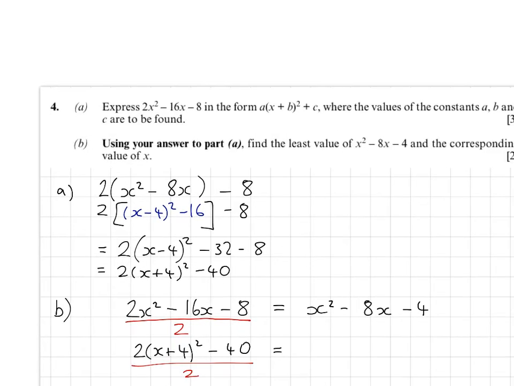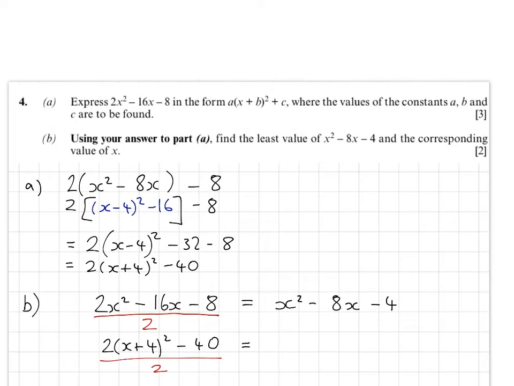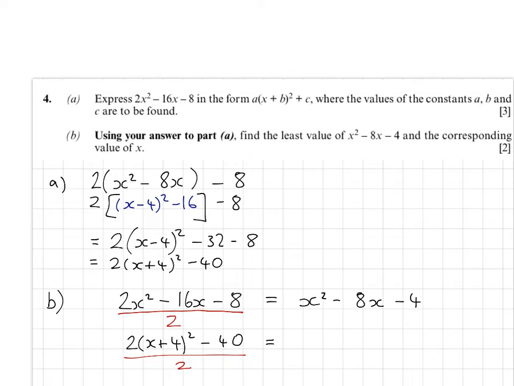Then it says for part B, using your answer from part A, find the least value of this thing here and the corresponding value of x. Now, I noticed my original thing here, which was from part A, was equal to that thing when I divided that by 2. So what I did then was, because I've already done the work on this thing here, I changed that to its completed the square version.